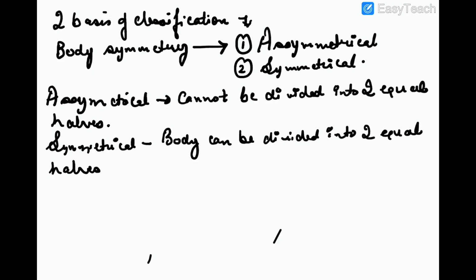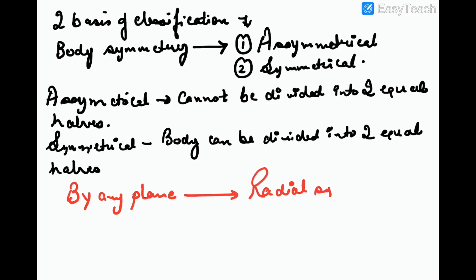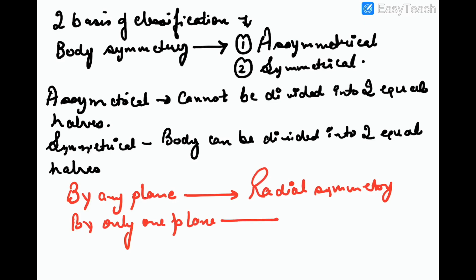If body can be divided into two equal halves by any plane, it is known as radial symmetry. And if body can be divided into two equal halves by only one plane, it is known as bilateral symmetry.